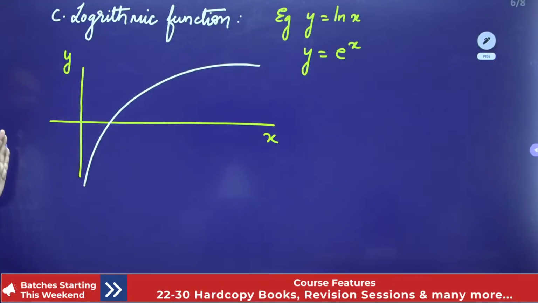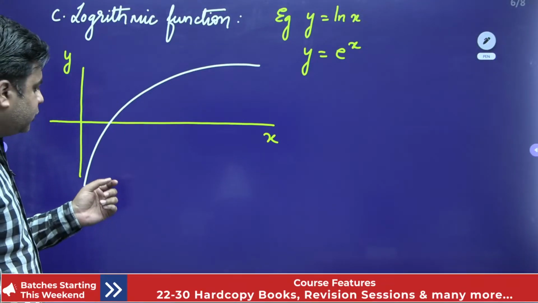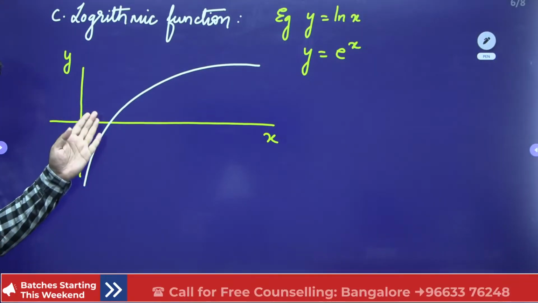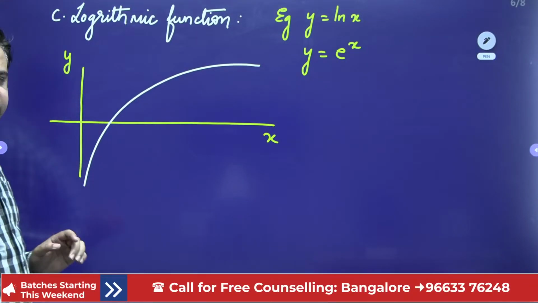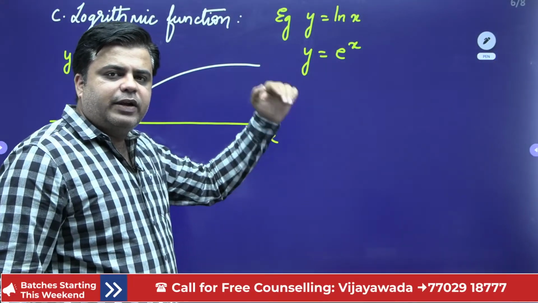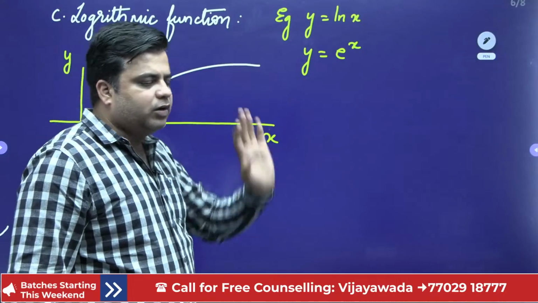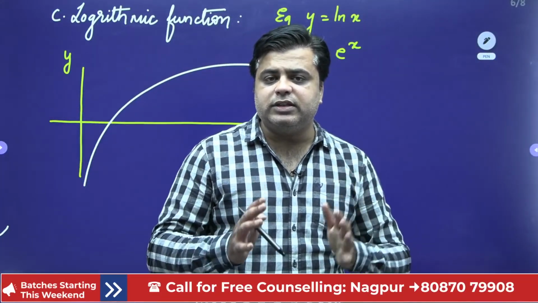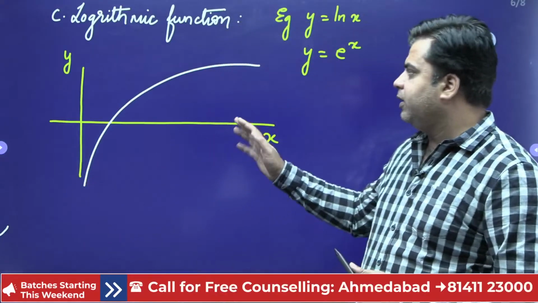Natural log of x is not defined for negative values of x, and when you tend towards 0, the value of natural log of x will tend towards negative infinity. Similarly, if you tend towards positive infinity, the value of natural log of x will also keep on increasing. Okay, so this is how the logarithmic function is defined.